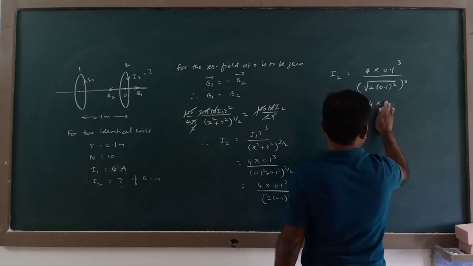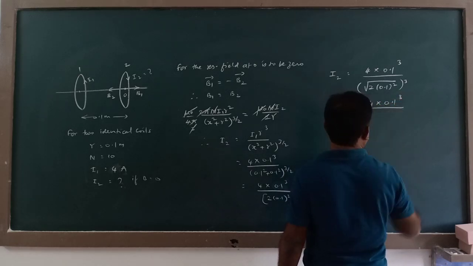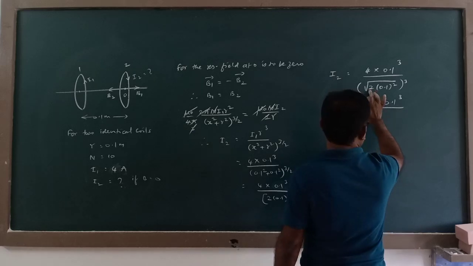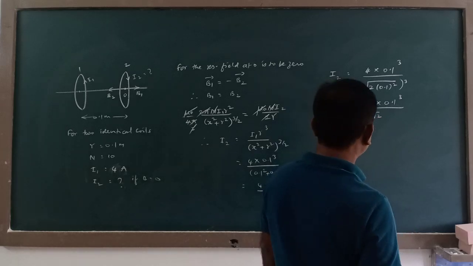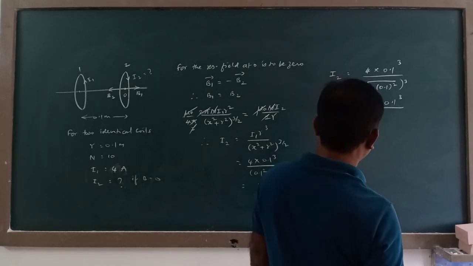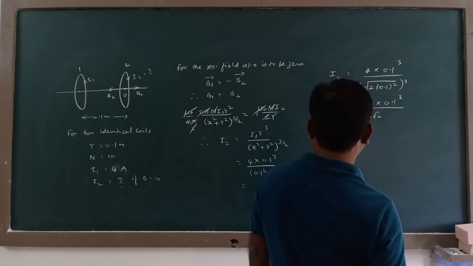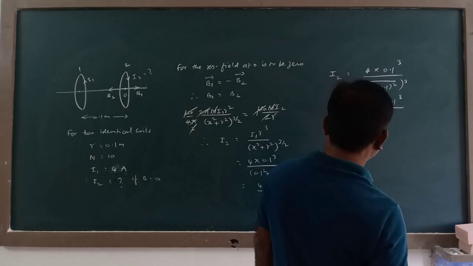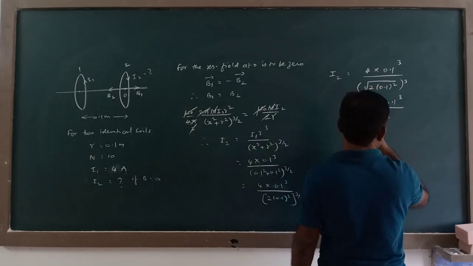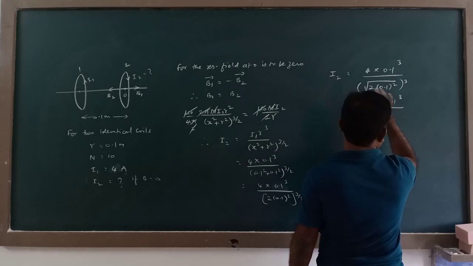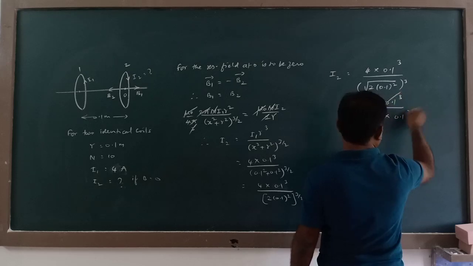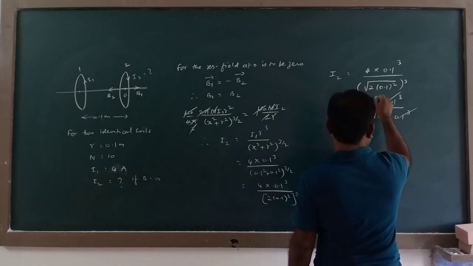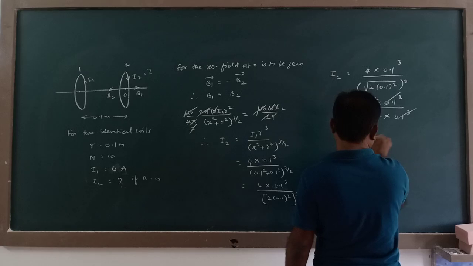So this is 4 into 0.1 cube divided by root 2 whole cube, which means it is 2 root 2. Root of 0.1 square means 0.1, so it is 0.1 cube. So this 0.1 cube cancels. So this cancels 2 times. So this is root 2 ampere.